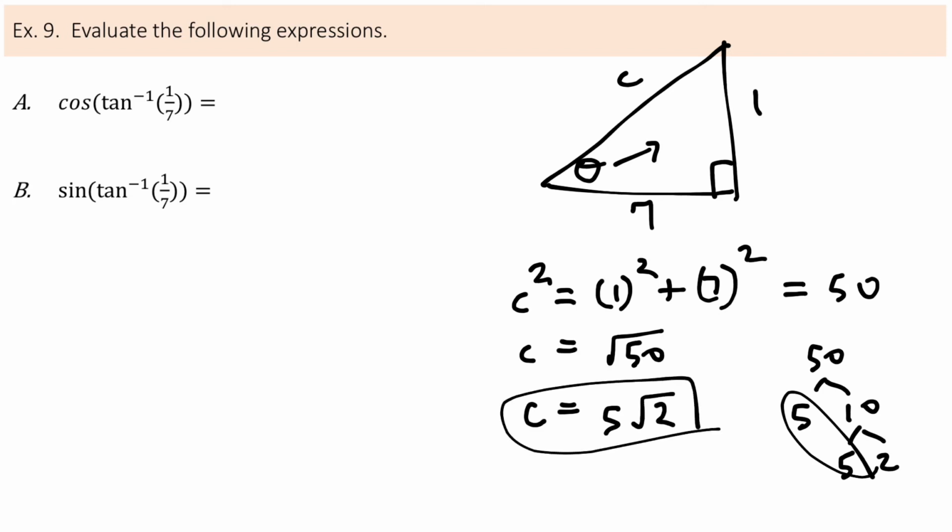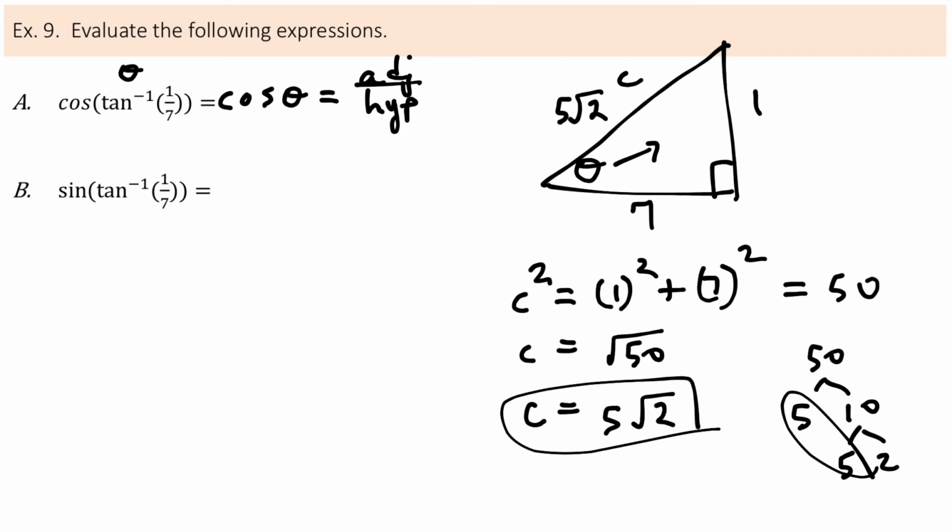So this side length over here is 5√2. All right? So that means if I want to find the cosine of theta, all right, so this is theta, the angle whose tangent is 1/7, then I need the adjacent over the hypotenuse.